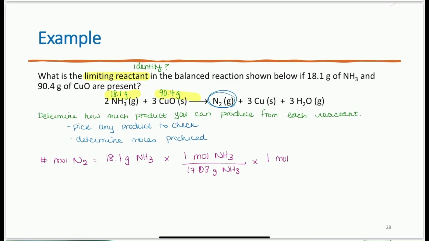I see I produce 1 mole of N2 for every 2 moles of ammonia consumed or reacted. And this would produce 0.531 moles of N2.